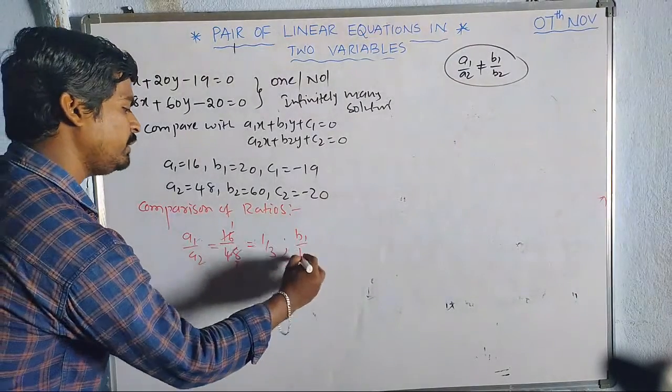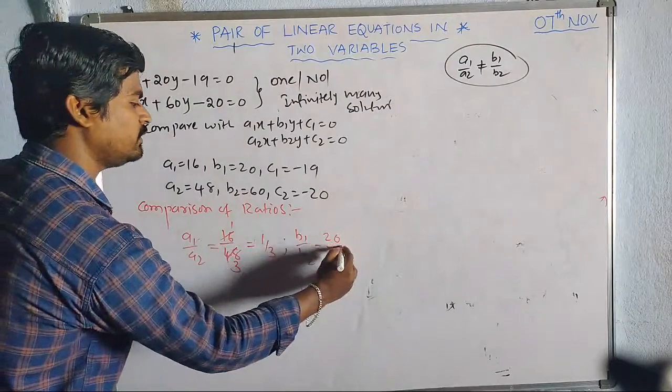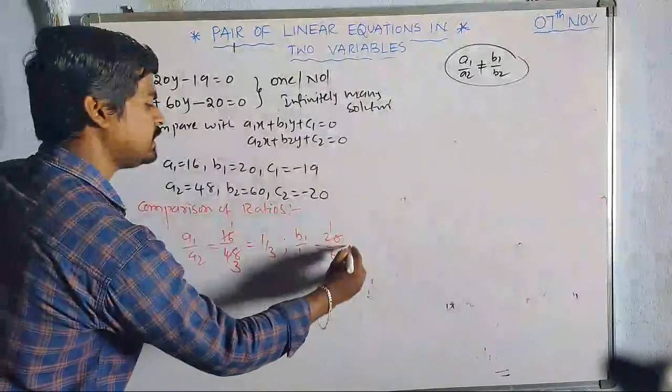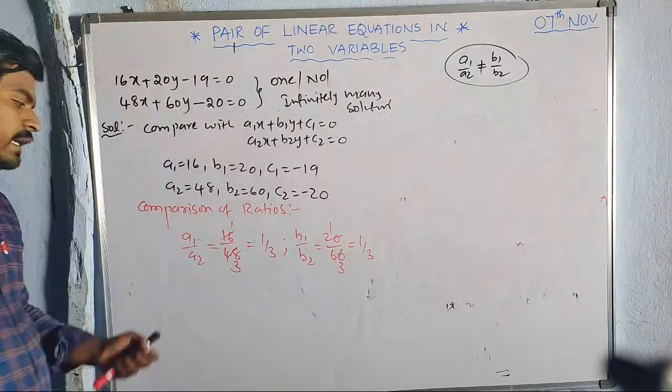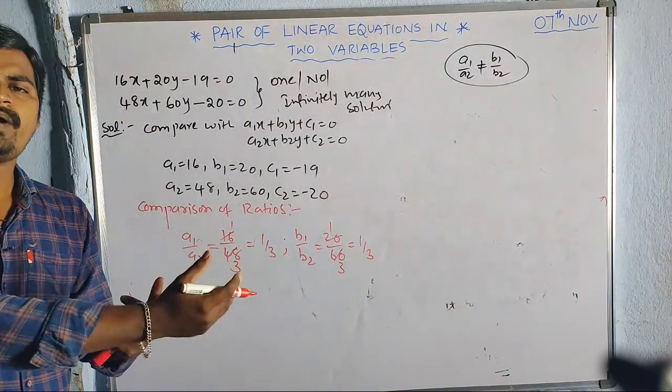Then b1 by b2, we have to find the ratio 20 by 60. 20 1s are 20, 20 3s are 60, here also 1 by 3. Friends, here we got the same answer, 1 by 3, 1 by 3. Then we have to find c1 by c2.